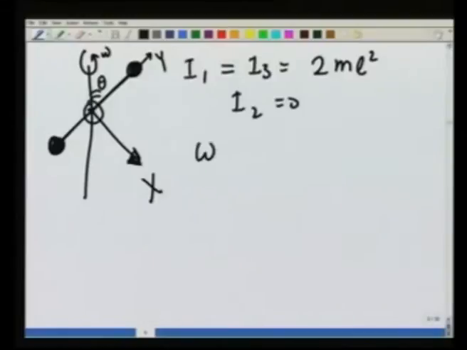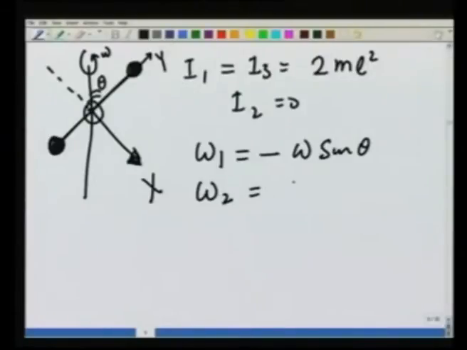So, omega 1, you can see, in this direction is equal to minus omega sine theta. Omega 2, along the y axis, is at this point omega cosine theta, and omega 3 is 0.